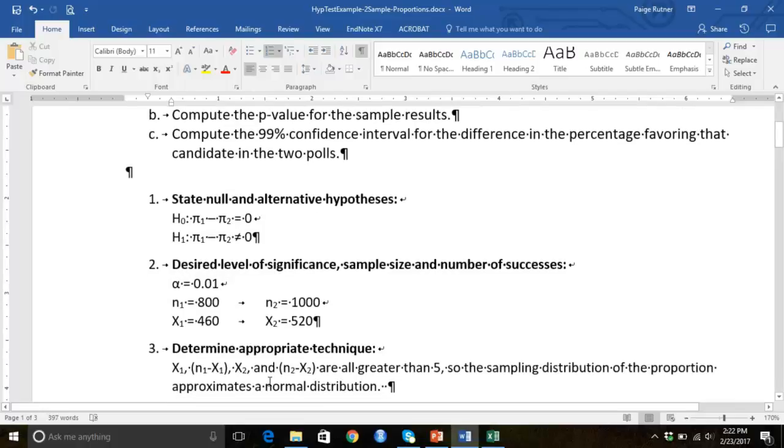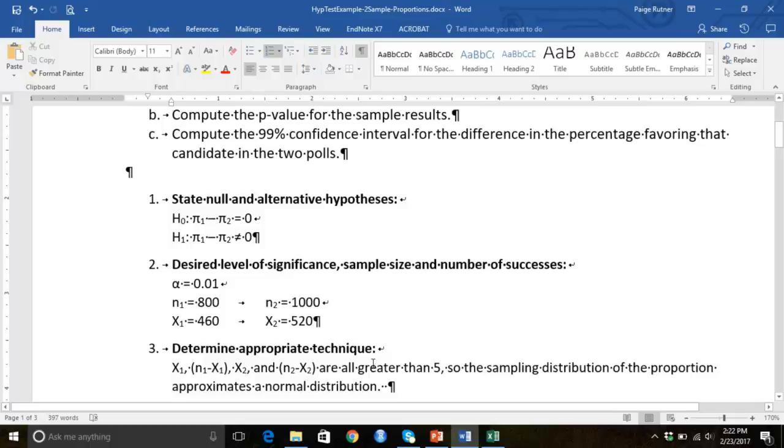Then the easiest way to evaluate our sample size assumptions in this case, because we're given these raw numbers to work with, is to look at x1, which is 460, and 1 minus x1, which is 800 minus 460. Both of those are greater than 5. Same thing is true for the second sample, 520 and 1,000 minus 520, both greater than 5.